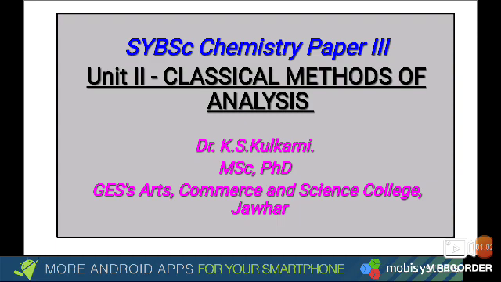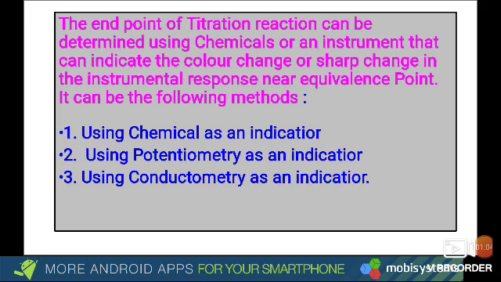So friends, see here, the endpoint of a titration reaction can be determined using chemicals or an instrument that can indicate the color change or a sharp change in instrumental response near the equivalence point.